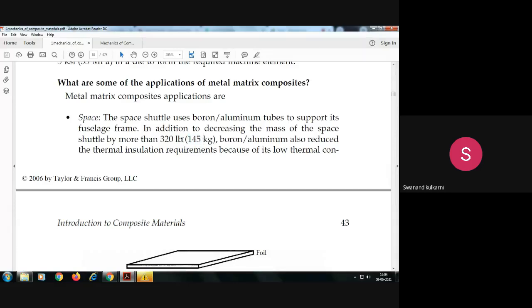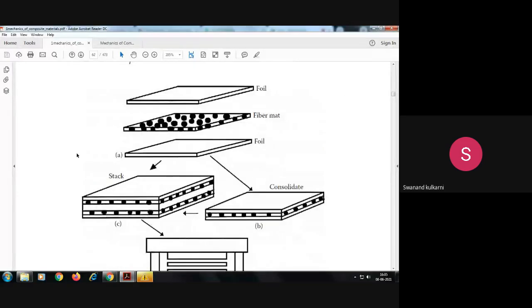It is not a small figure. 145 kg is a very large figure, and the weight has been reduced by that much, and the thermal insulation requirement was reduced because of its low thermal conductivity.